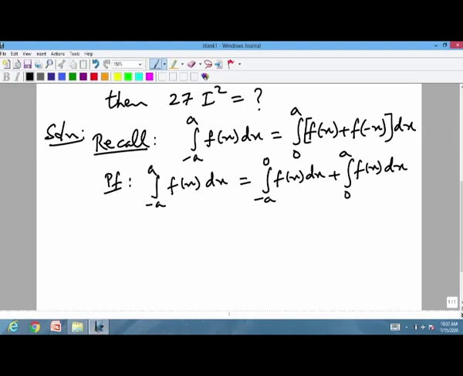Now, what we do is in the first integral, putting x equal to minus y.